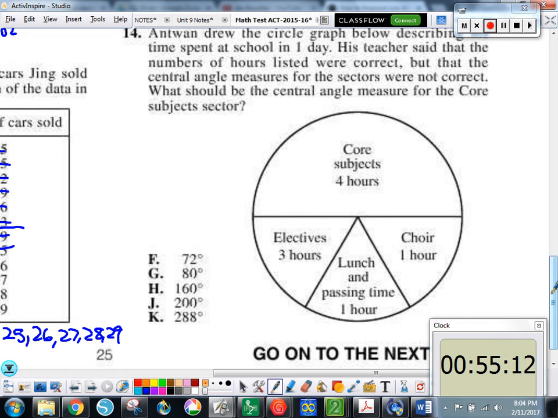The teacher said that the number of hours listed were correct, but that the central angle measures for the sectors are not correct. What should be the central angle measure for the core subject sectors?